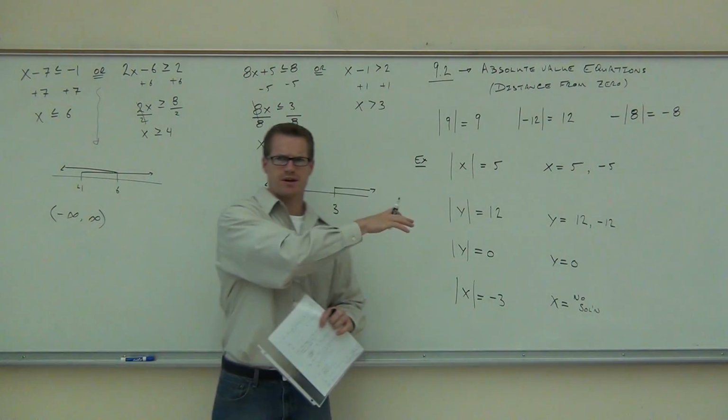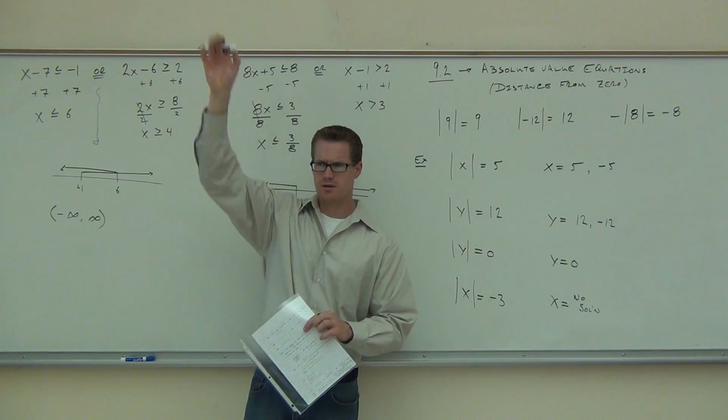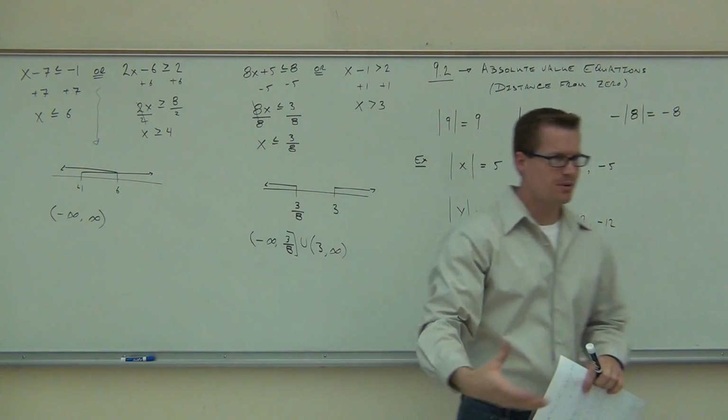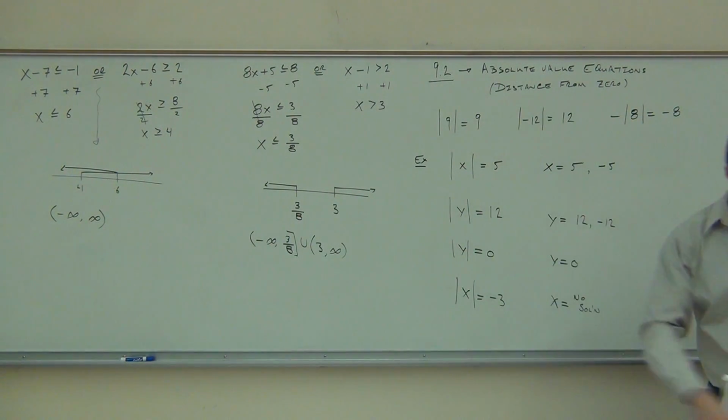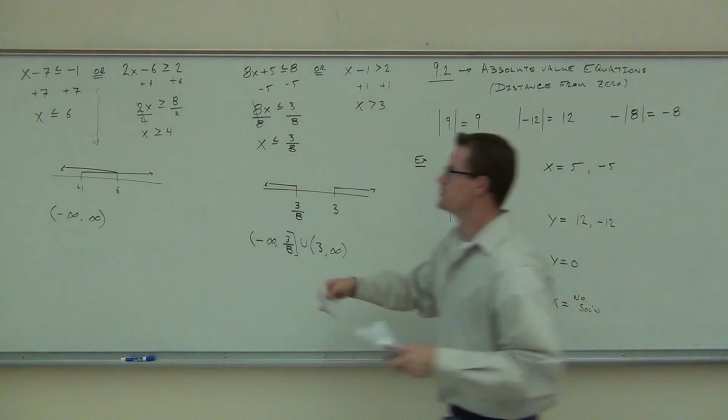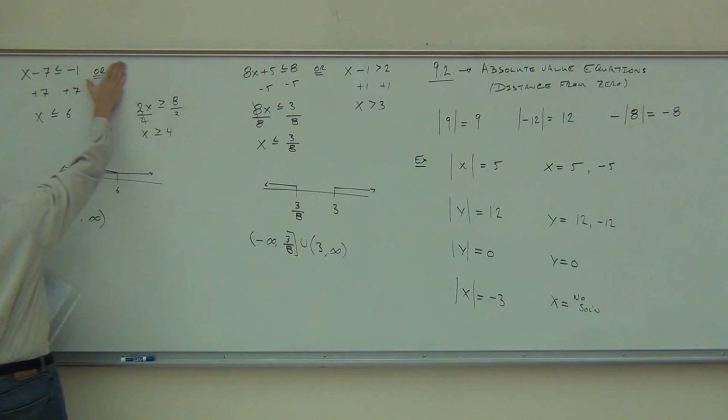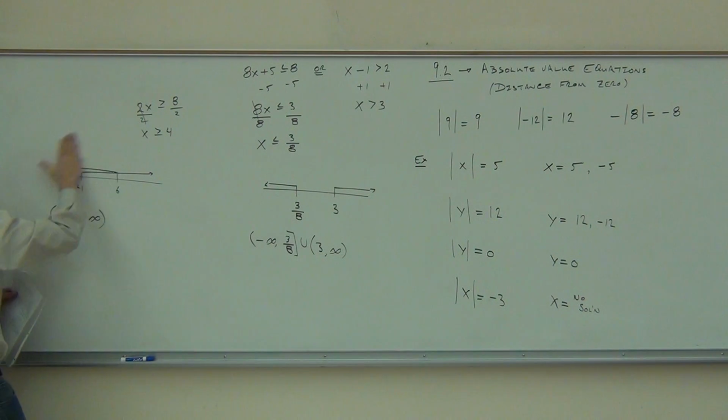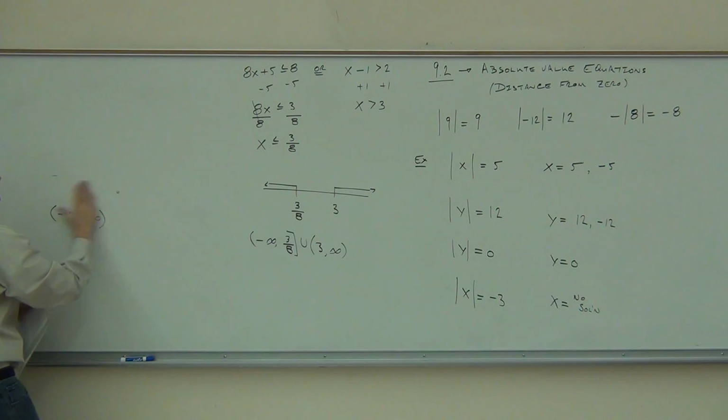Do you feel okay with this absolute value stuff so far? Raise your hand if you do. Feel all right with it? Good. Let's see how to make a little bit more complicated equations, because right now this is pretty basic stuff. We're going to go ahead and move on into what happens when you have true expressions in there.